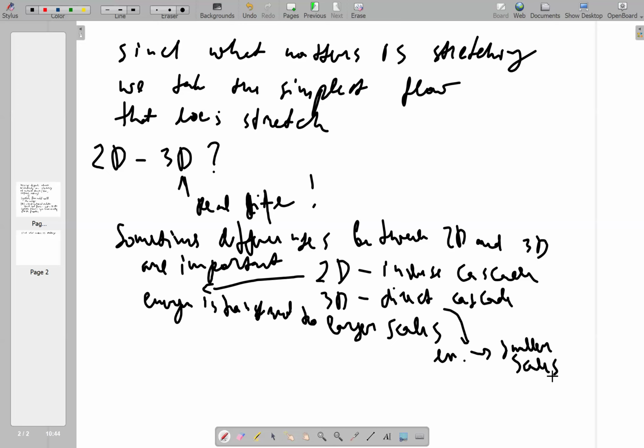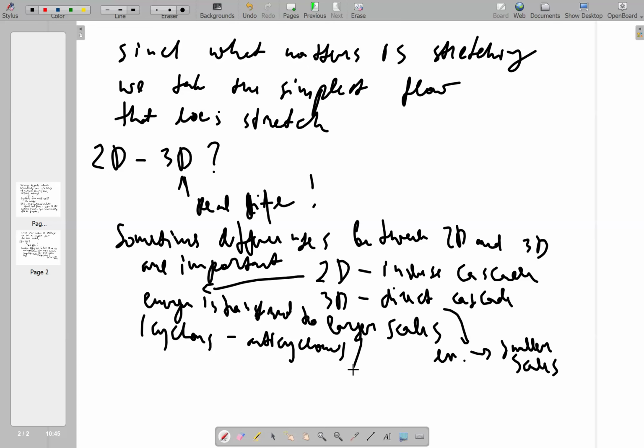Meaning that if you have two-dimensional turbulence like atmospheric turbulence, these are cyclones and anticyclones. But in smaller scales, energy goes to the smallest perturbations. Okay, so this is one difference between 2D and 3D.